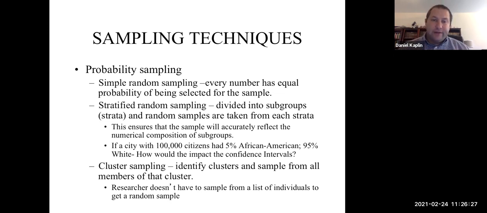Now, we use stratified random sampling when we understand that there are different proportions of a group of interest in the population. If there are subgroups within the population of interest, we have to make sure that our sample is proportionate to the population. So we divide into strata, or subgroups, based on that.